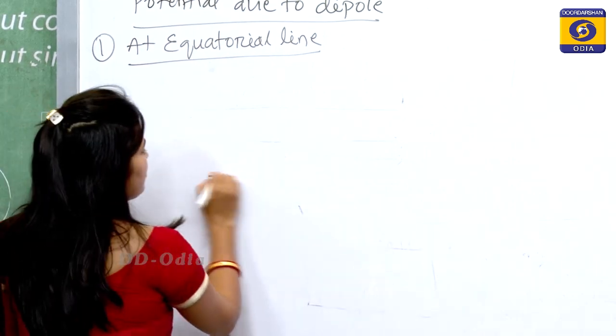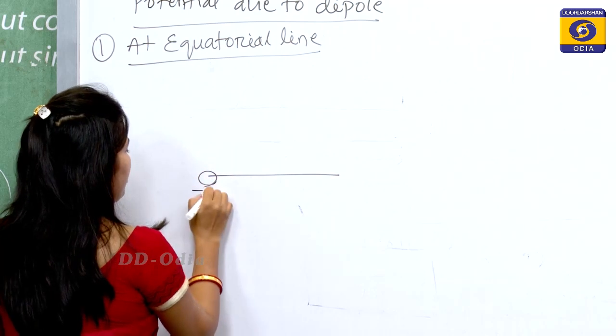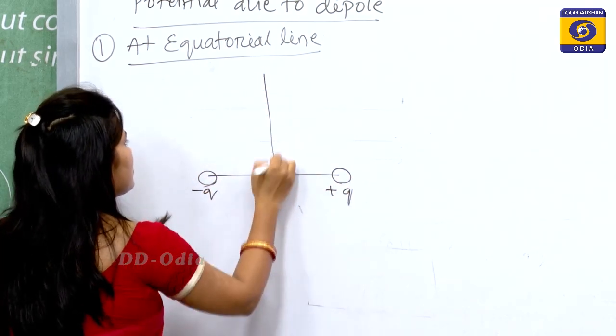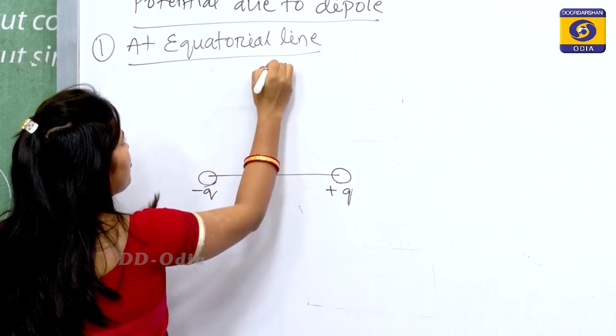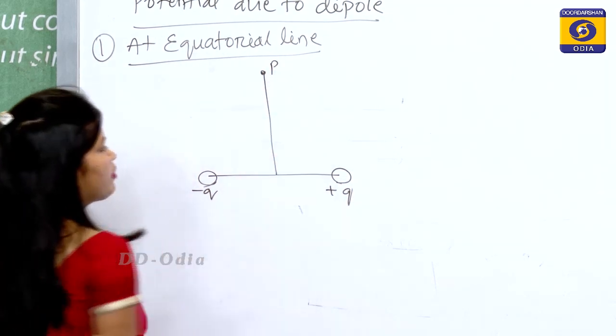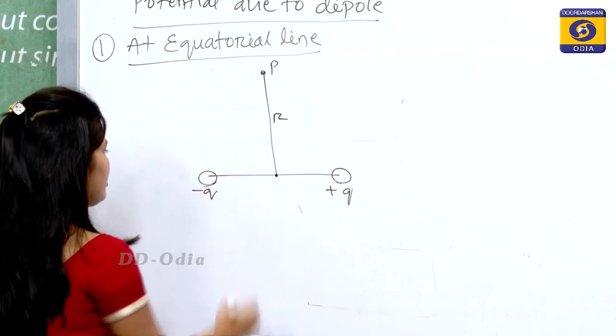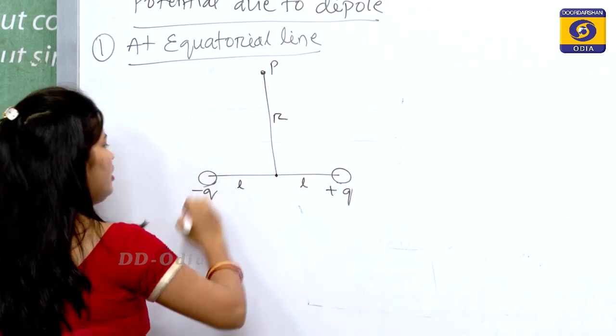See, this is our dipole and this is our equatorial position, point of observation P, and from the center the distance is r, this is L, this is also L.